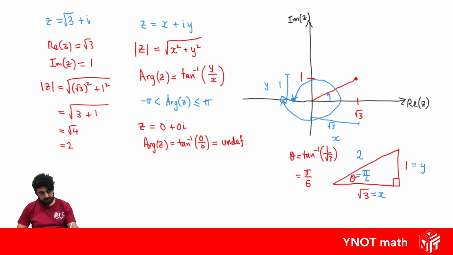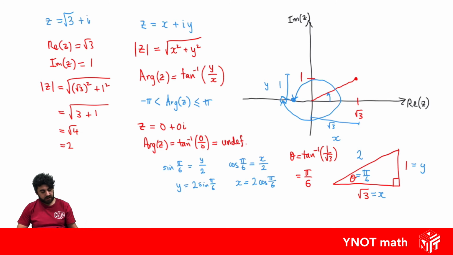We can say that sine of pi on 6 equals our opposite side, which is y, over our hypotenuse. So y equals 2 times sine pi on 6. We also have cos pi on 6 equals our adjacent side x over our hypotenuse 2. So x equals 2 cos pi on 6.